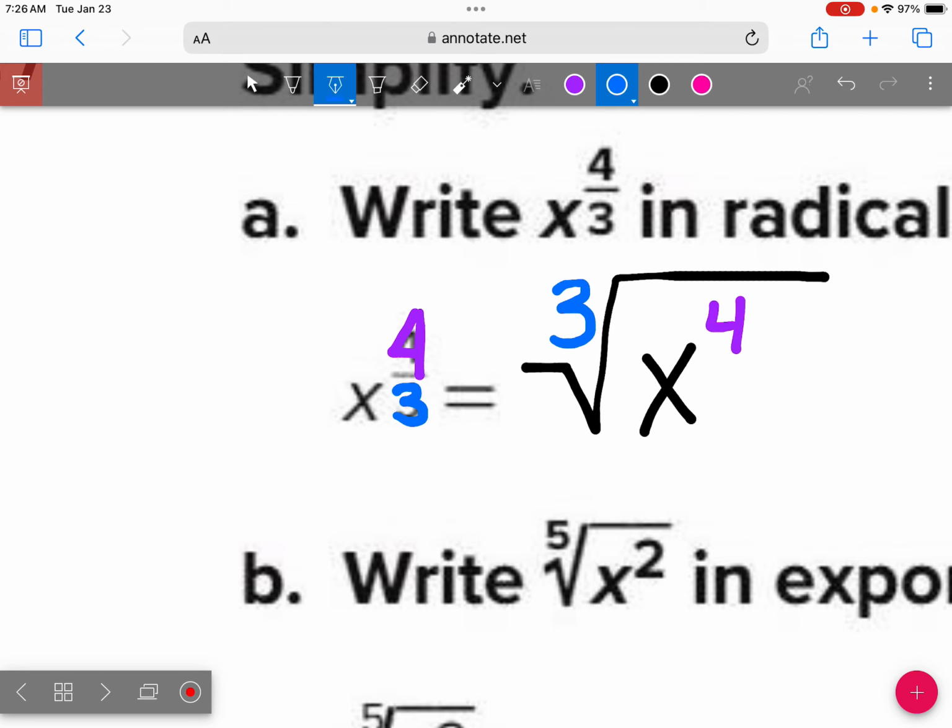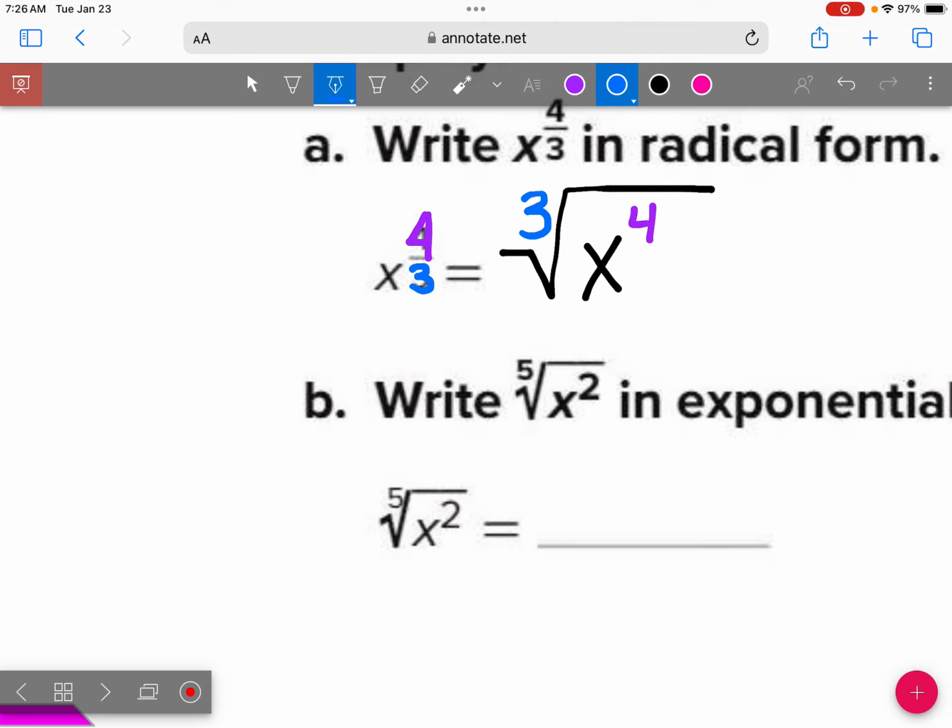They are identically the same thing. Whatever the numerator on our power is the power inside the radical. And whatever the denominator is our index.